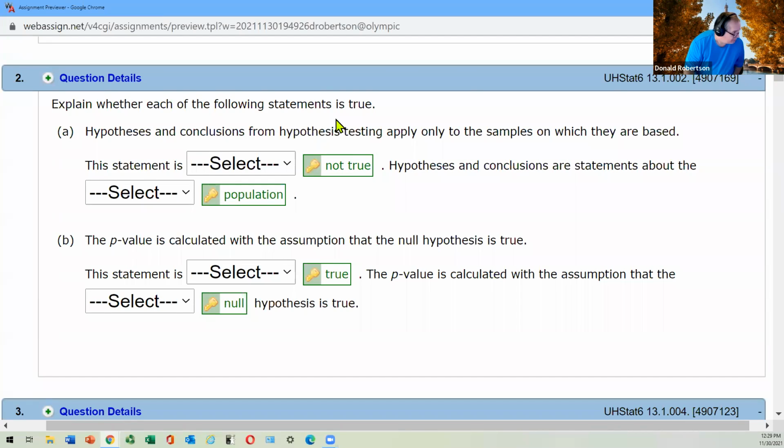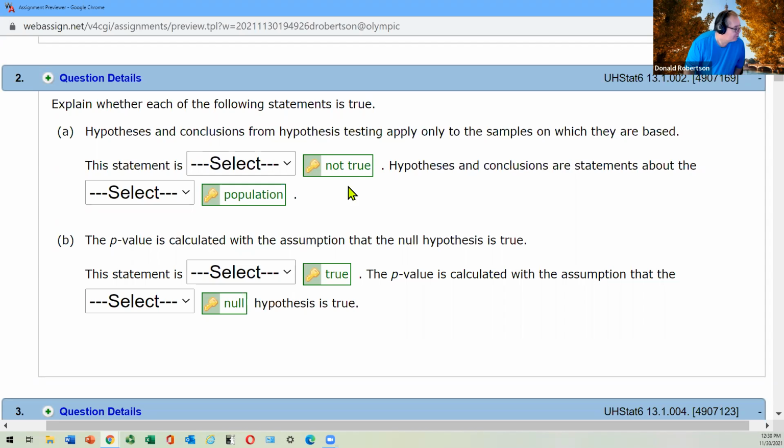Now, explain whether each of the following hypothesis and conclusions from a hypothesis testing apply only to the sample. A hypothesis test is talking about what we believe the population value is. The sample is just the evidence we collect to try and prove it.